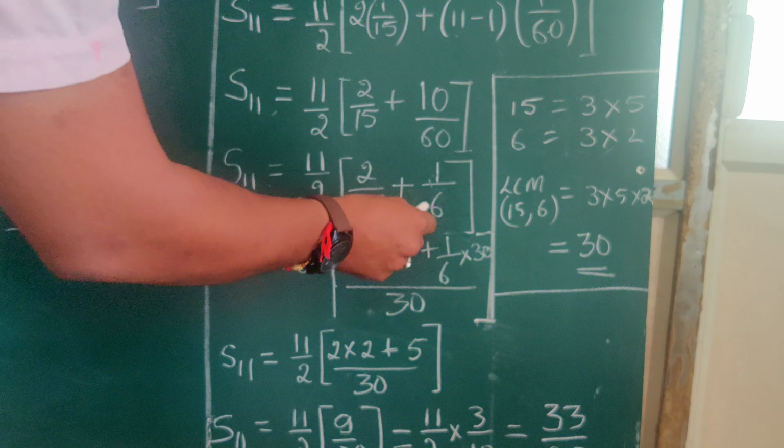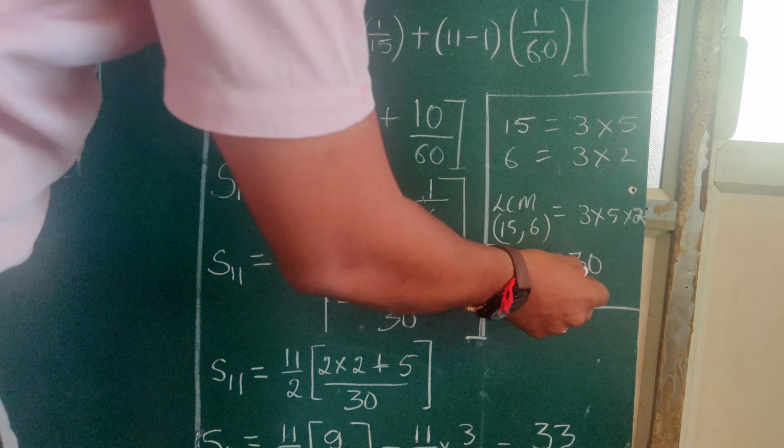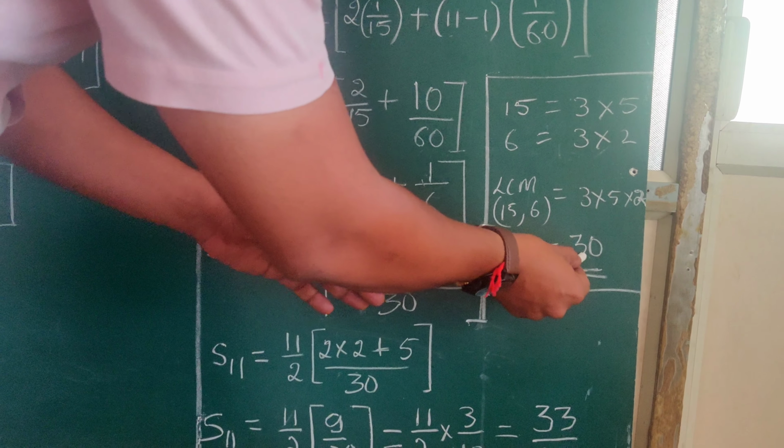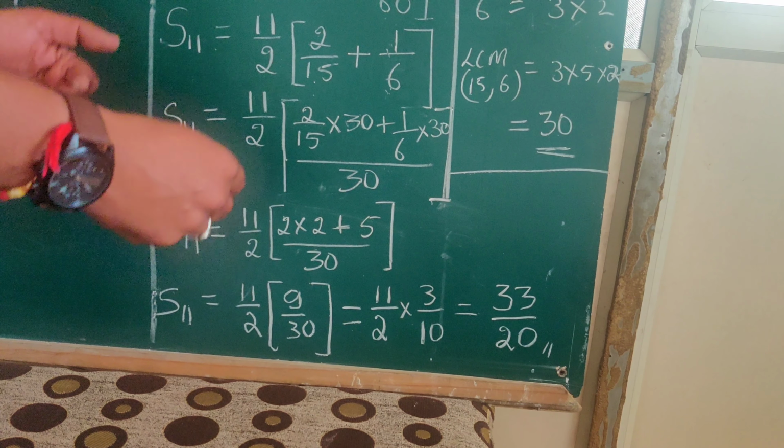What we need to do is take the LCM. After taking the LCM with the prime factorization method, we have got 30. Now what you need to do is multiply this 30 with each individual term and divide the whole by the LCM.